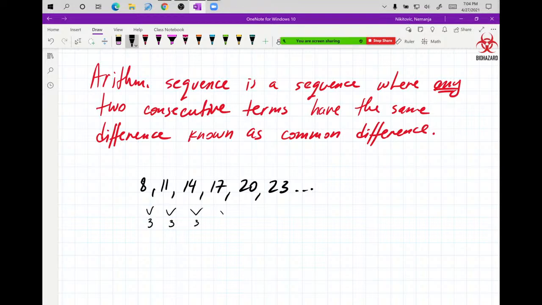No matter where you look, when you subtract consecutive terms, higher minus lower, you always get 3. That common difference is known as lowercase d. So for this arithmetic sequence, d equals 3.